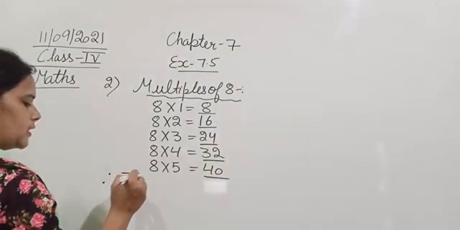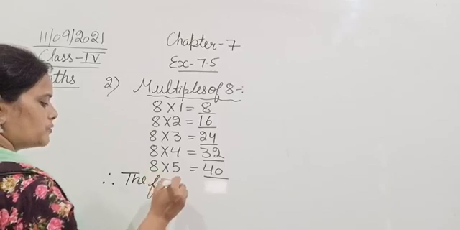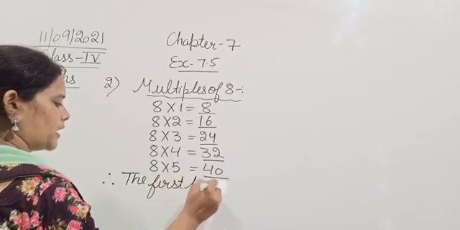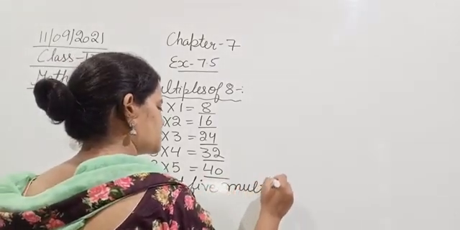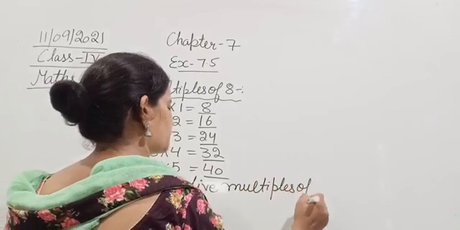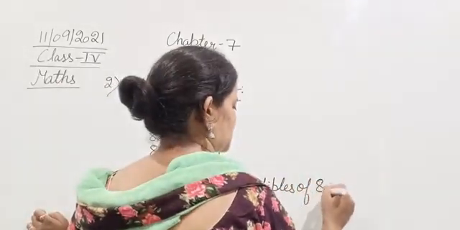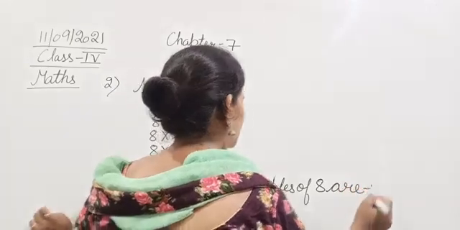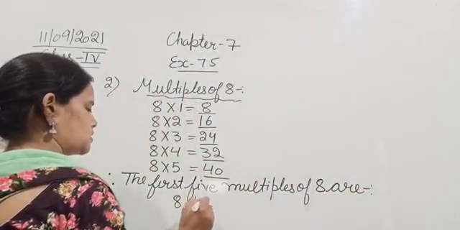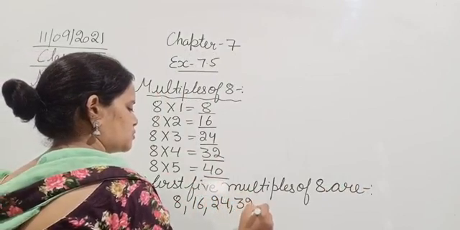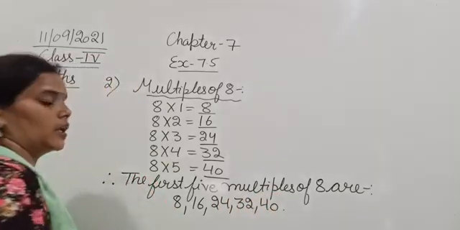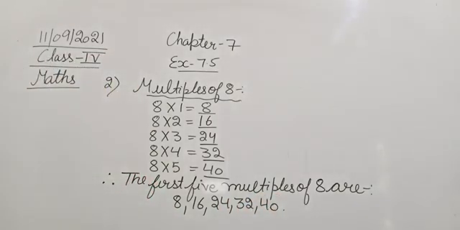Therefore, the first 5 multiples of 8 are 8, 16, 24, 32 and 40.